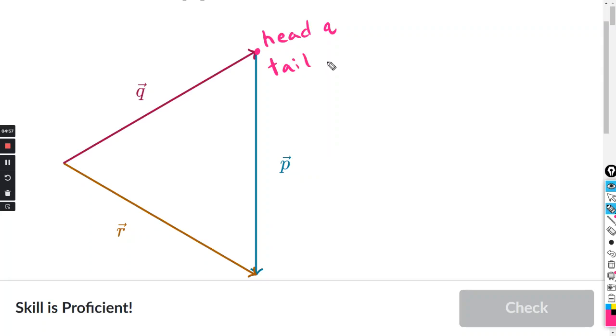So we have the head of Q, the tail of P, and then they connect with vector R from the tail of Q to the head of P. Okay, so that means this right here is adding Q plus P, because it's head to tail, and then R starts at the tail of the first and connects the head of the second one, so that's going to be R.